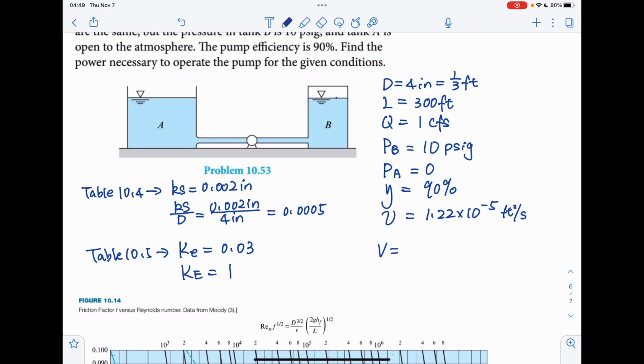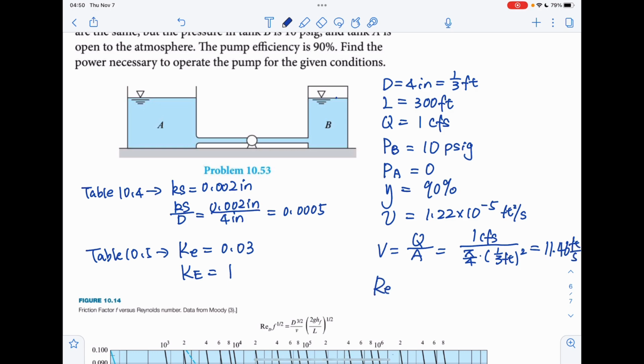So the velocity equals Q divided by A, which is 1 cubic feet per second divided by pi over 4 times the diameter squared, which is going to be 1.46 feet per second.